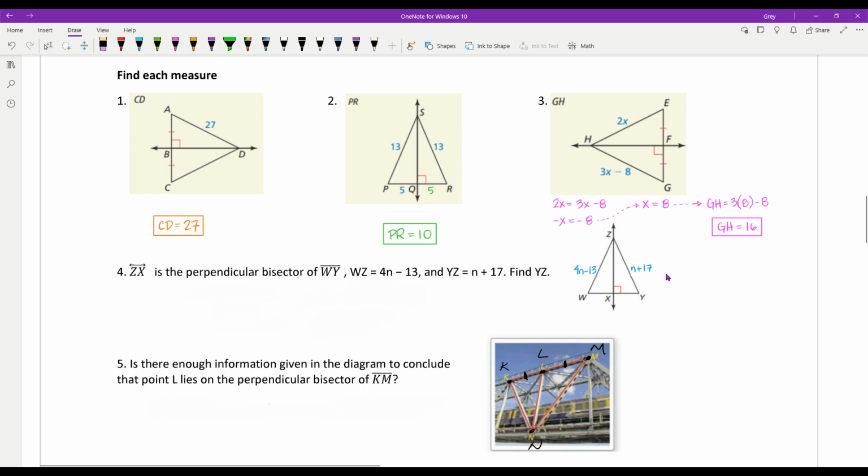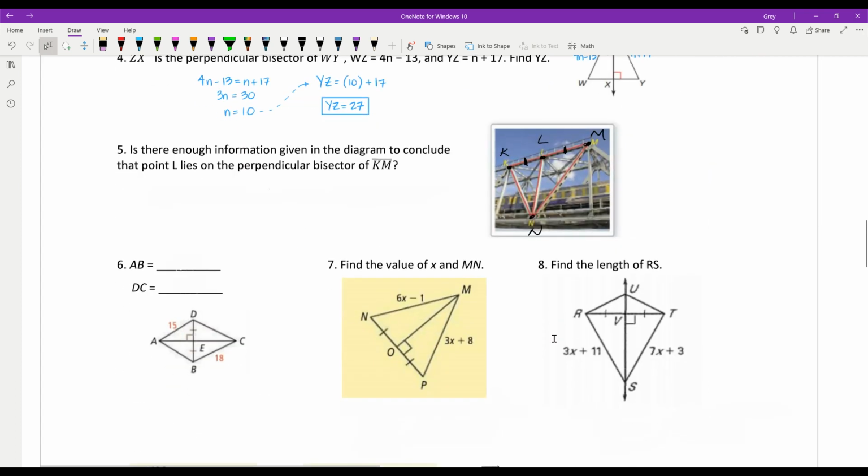So I'm going to set up my equation and say that 4n minus 13 equals n plus 17. I'm going to subtract n and add 13. Subtracting n gives me 3n, add 13 gives me 30, and then divide by 3. So n equals 10, and that's going to be taken over to give me YZ. And to find YZ, I'm going to plug in 10 for n, so YZ is equal to 27.